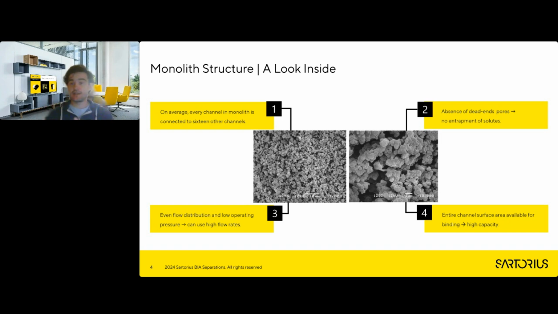There are no dead-end pores inside our monoliths, so what you load should come out, because there's no entrapment of solids. Due to the channels, we get even flow and distribution when we operate the monolith, and the surface area of the monolith provides the binding sites for your target molecule.